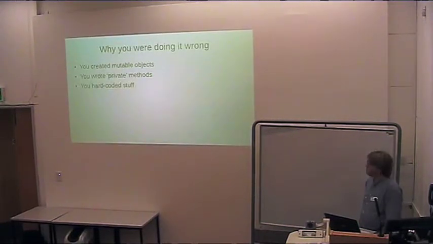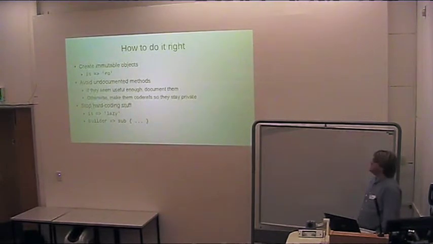Okay, so these are the things I've covered: mutable objects, private methods, and hard-coded things. And these are the ways to work around them. Use read-only accessors, avoid undocumented methods. You can either put them into a full public documented interface or make them code refs so that people can't accidentally override them.